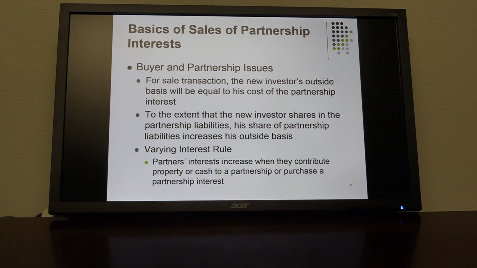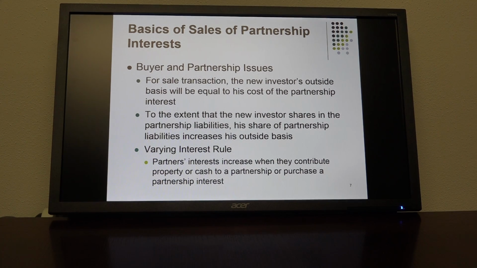Here's where it really gets to his inside basis, which is where he steps into the shoes, because the buying partner takes the selling partner's inside basis. As far as the outside basis goes, it's whatever he bought it for. And if the new investor shares in partnership liabilities, then that increases his or her outside basis.